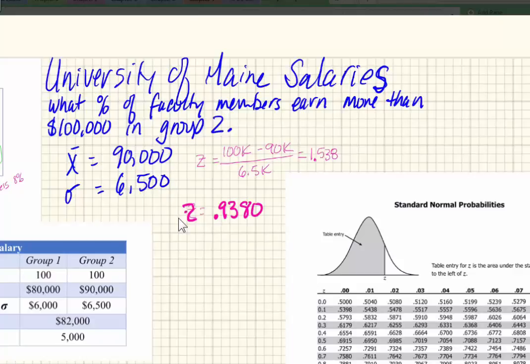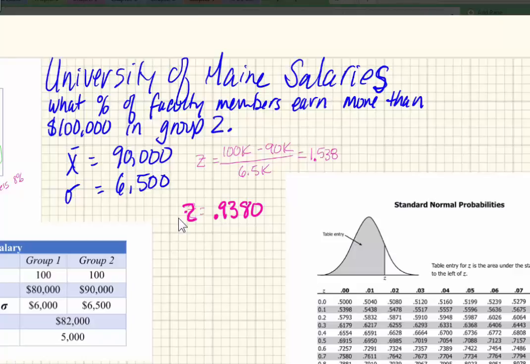So that means that 93% of the people earn less than 100,000, and about 6 point something percent, 6.7% of the people earn greater than $100,000.